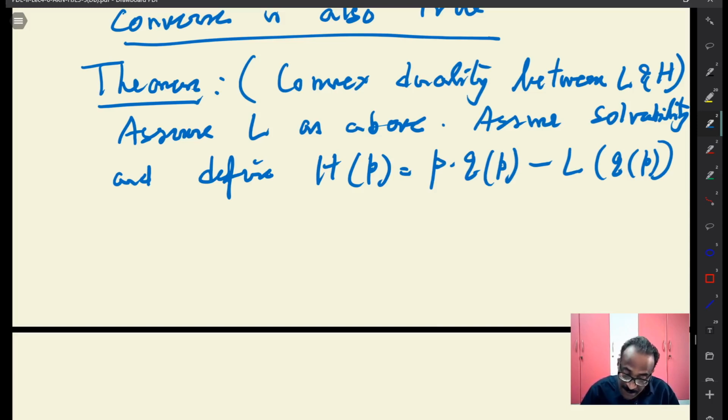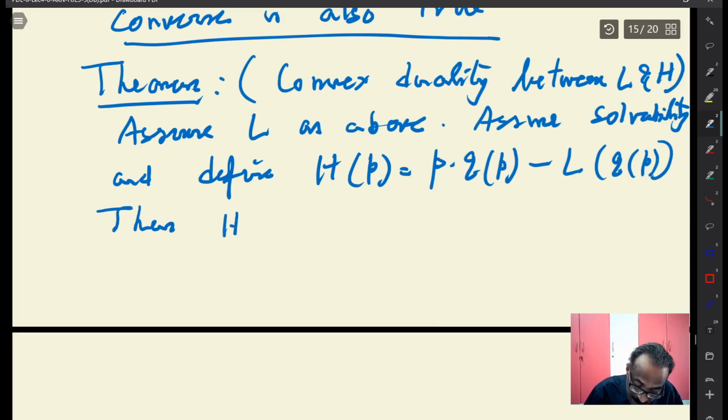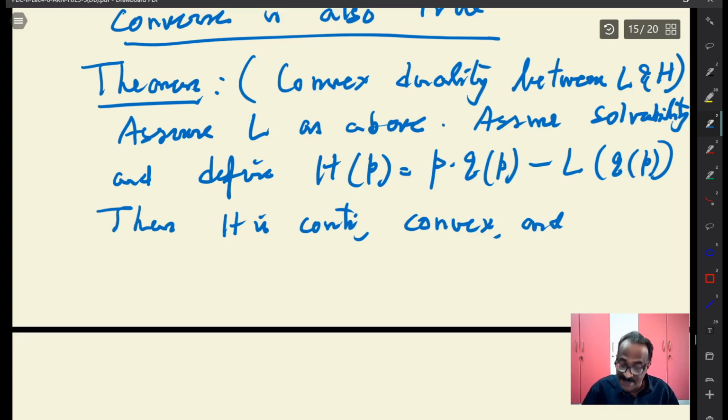So define H of P like that. Then H is continuous, convex, and coercive. So L and H behave in the same way. That's what it shows, that H is coercive.